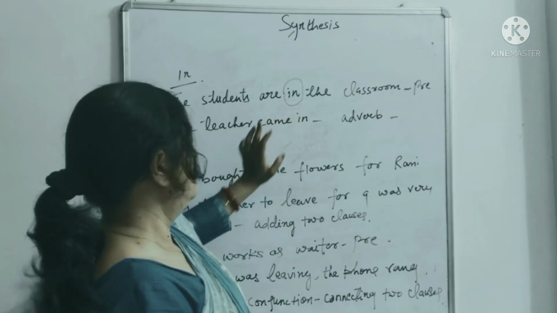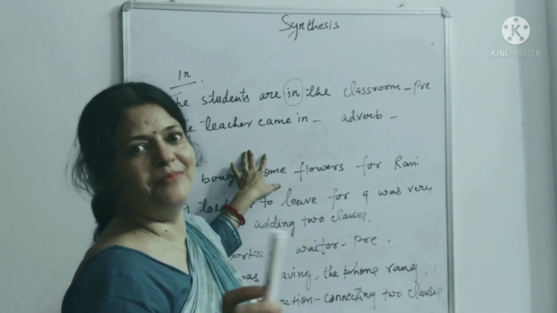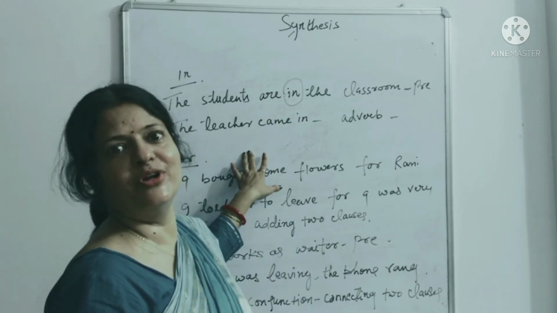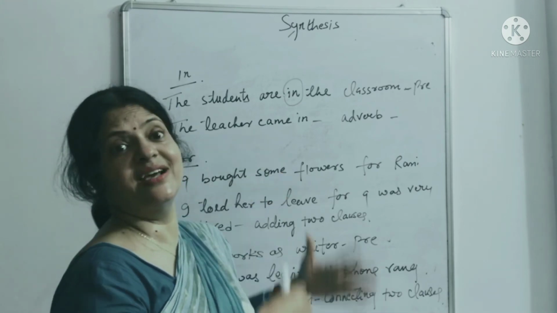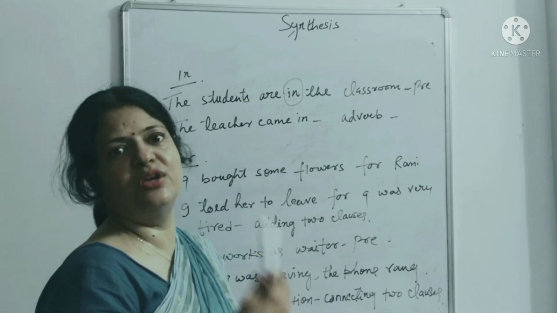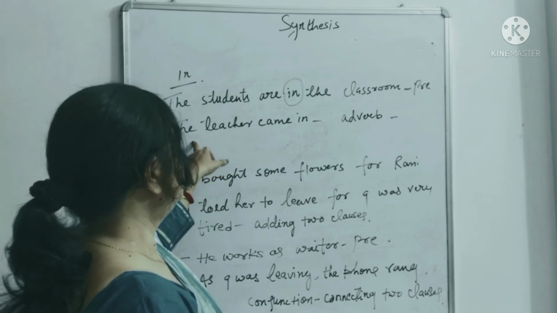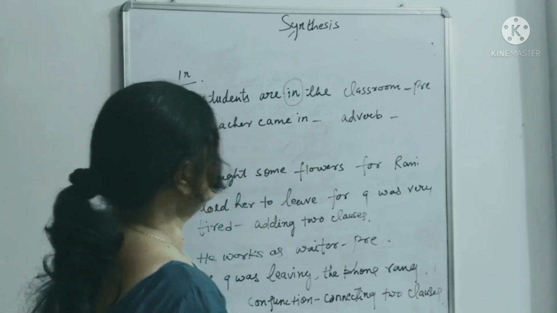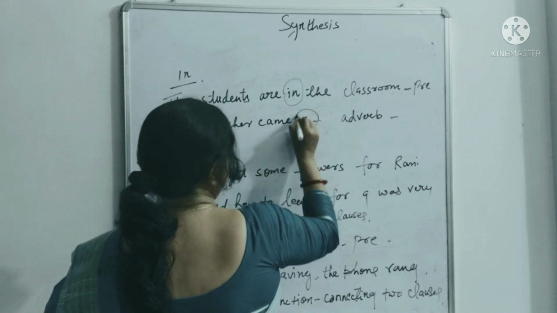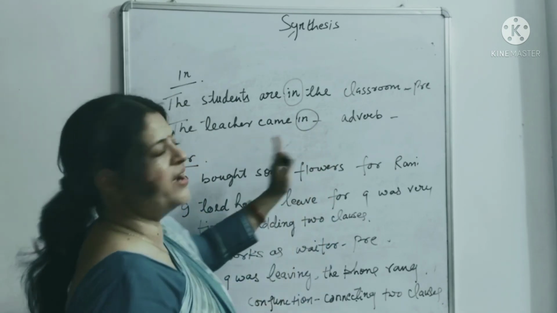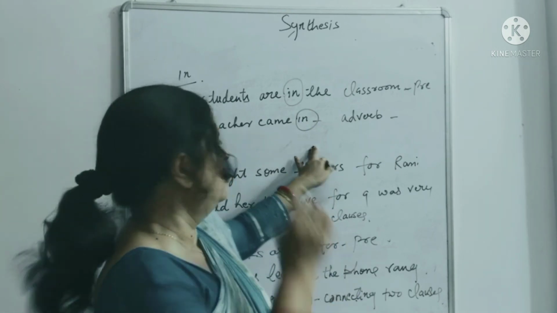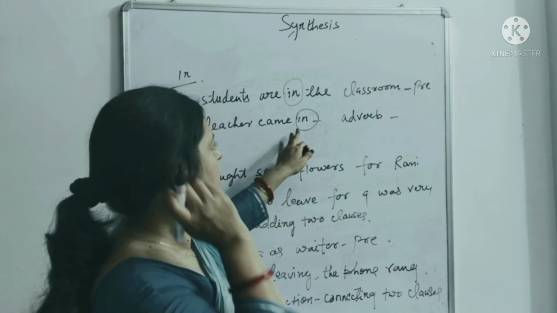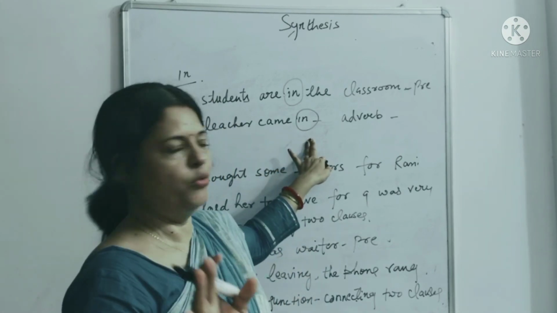Understand? The concept of preposition should be clear to you. It would help you to synthesize 2 sentences. That is why I am making you learn this thing. Now, the teacher came in. So here we see that after this in, we don't find any noun or pronoun.